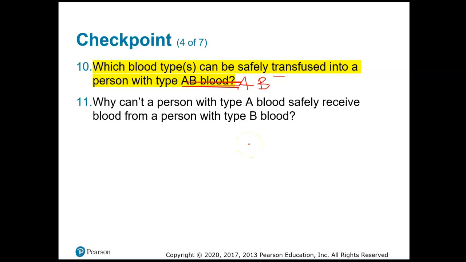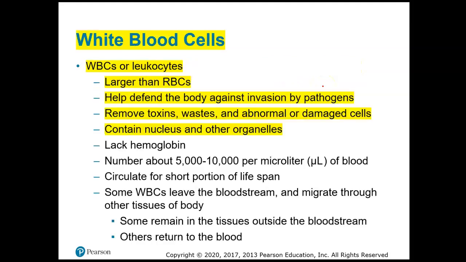So any of the negative blood types can be transfused into this person's blood. You could be type A negative, type B negative, type AB negative, or type O negative, and safely donate to this person. But if you have a positive blood type, then it wouldn't be safe.